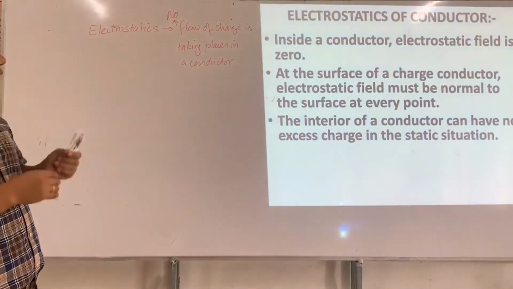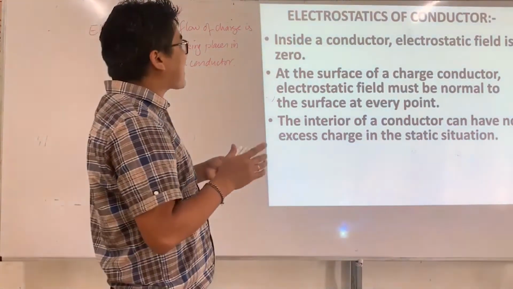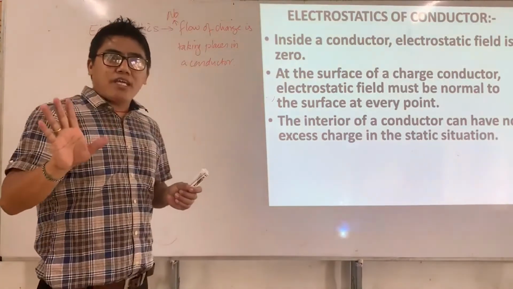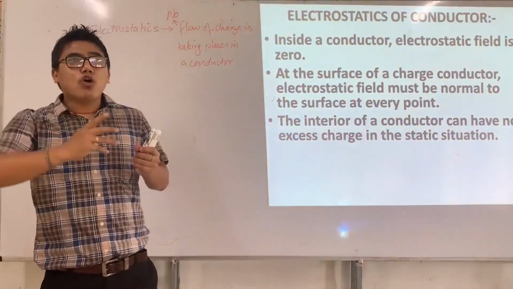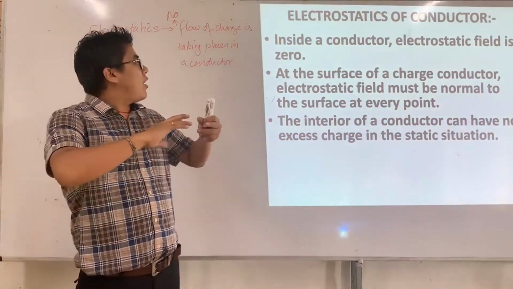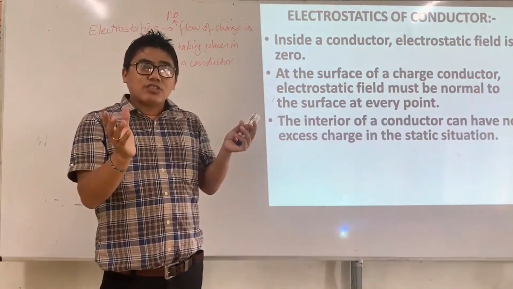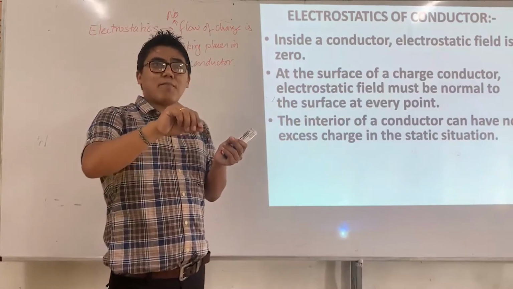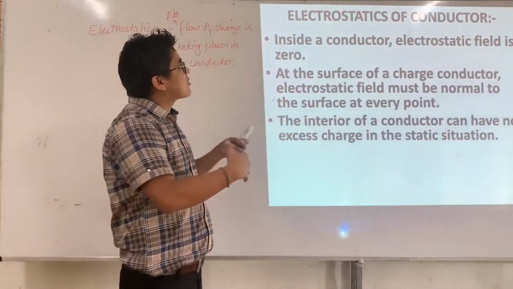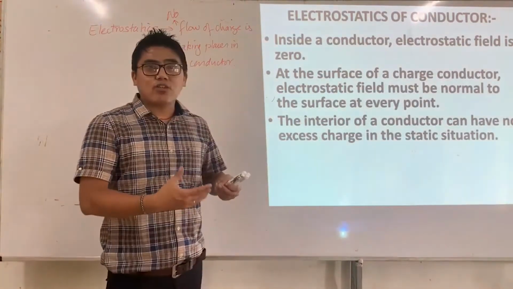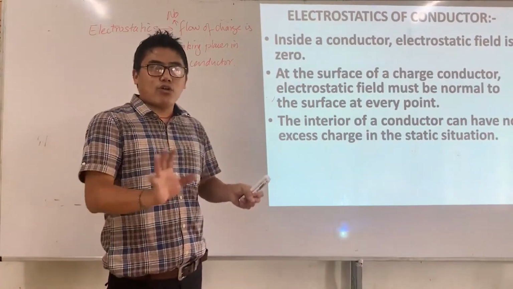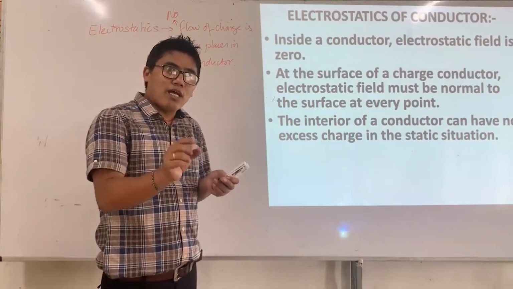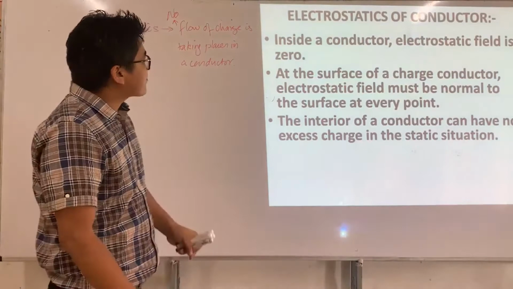So the first point I would like to discuss is inside the conductors. The main point is, you should create a condition such that there is no flow of charge. If a flow of charge is taking place, then this contradicts the electrostatics of conductors. So you are not supposed to let charge flow in conductors.